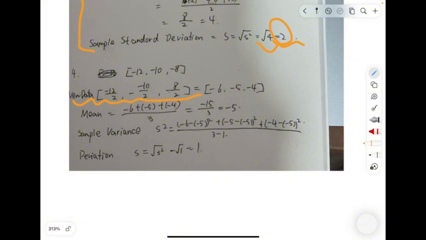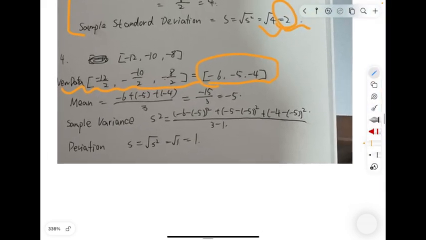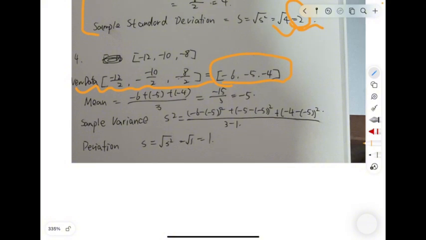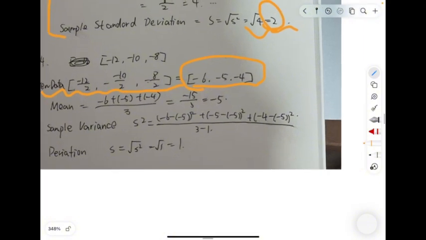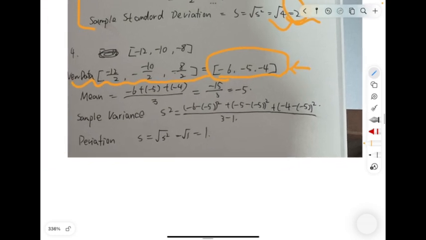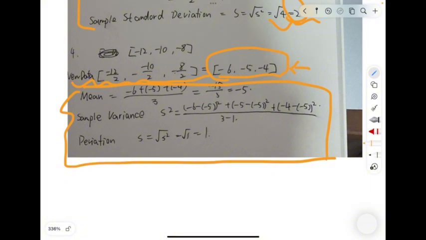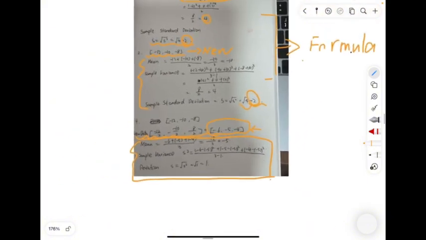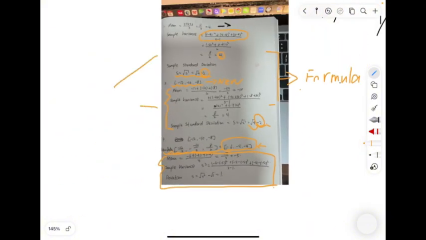Then it's equal to this one. Then we calculate the mean, sample variance, and standard deviation for this new data. And this is the formula. These 3 questions use the same formula to calculate.